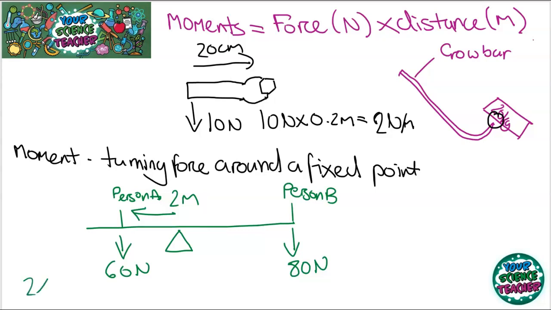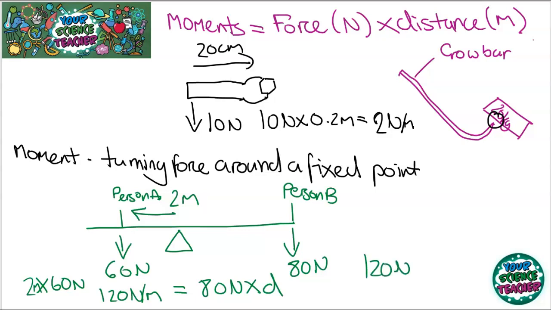Person A is 2 times 60 newtons, which will give me the moment there, which is 120 newton meters. And that will equal 80 newtons times the distance. So that will tell me that 120 newton meters divided by 80 newtons will give me the distance, which is 1.5 meters.